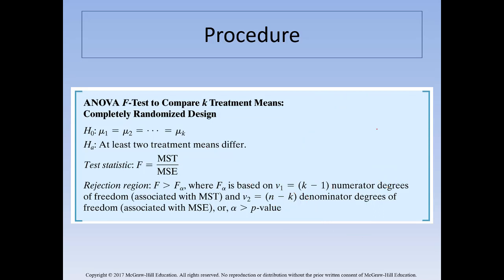Okay, so let's actually just draw that again. Make it a little bit bigger. So we have my alpha here, and this is my critical value of F. Now imagine we have an actual F value.